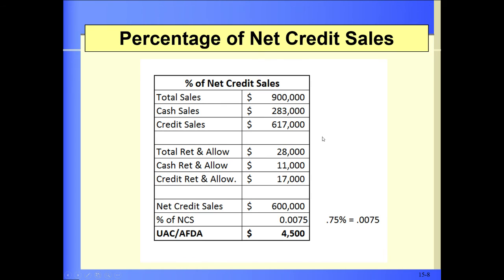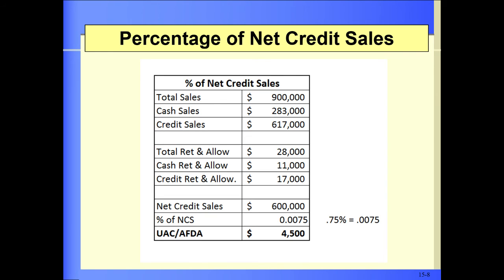Now from that, we've got to remove what are called returns and allowances. This is something that you may have covered in your Accounting 2 class, but if not, we're going to cover it again here briefly. Whenever you make a sale to a customer, you have the situation arise where sometimes they return that good to you. At that point, you would reduce the overall net realizable value of your sales.